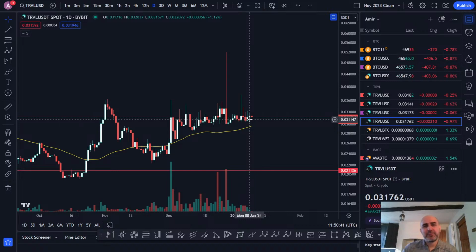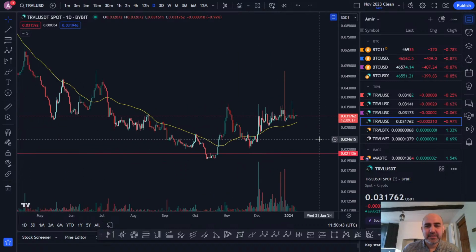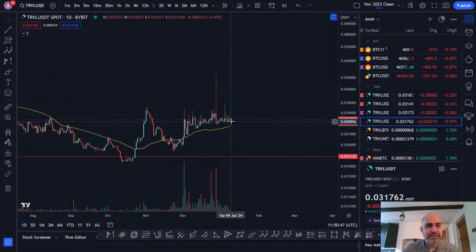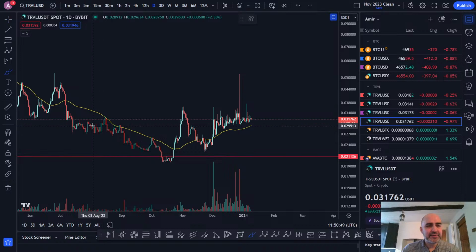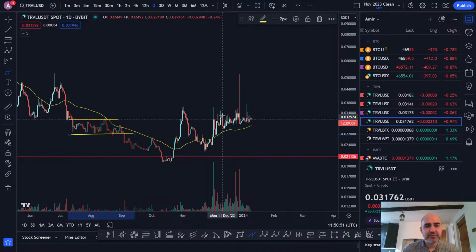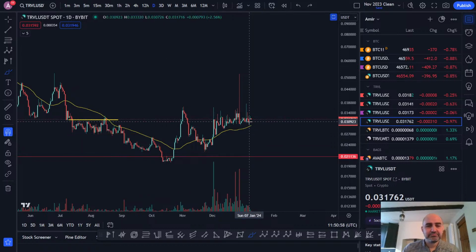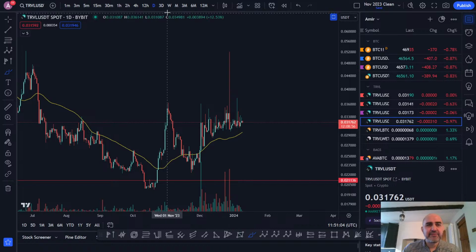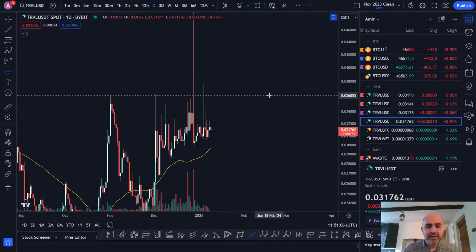I just think it's really weird to sell now, because we've been in a consolidation range for many, many weeks. We're above previous ranges. This is our previous range, and we're kind of above that range a little bit in terms of average prices. We've got untested liquidity underneath us.